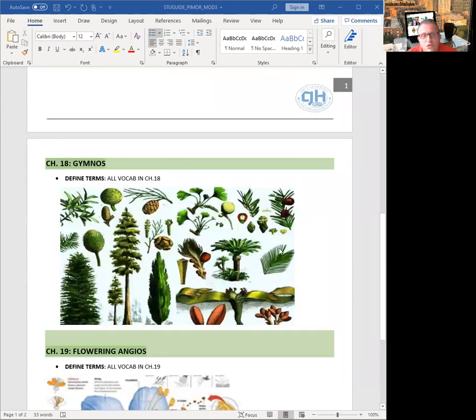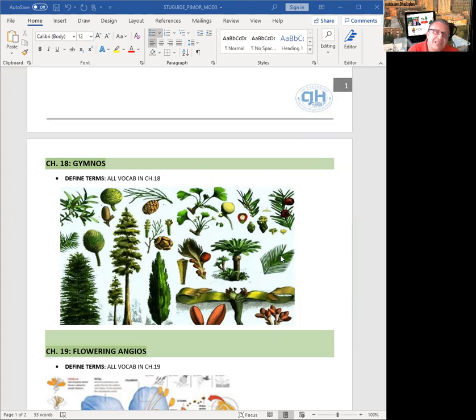Chapter 18 is a pretty cool chapter, with the biggest, oldest, tallest, largest plants all in this group. There are plants that are almost 5,000 years old, and plants that are over 300 feet tall and 30 feet in diameter. This group is called gymnosperms, or naked seeds, because even though they are seed plants, there are no fruits involved.